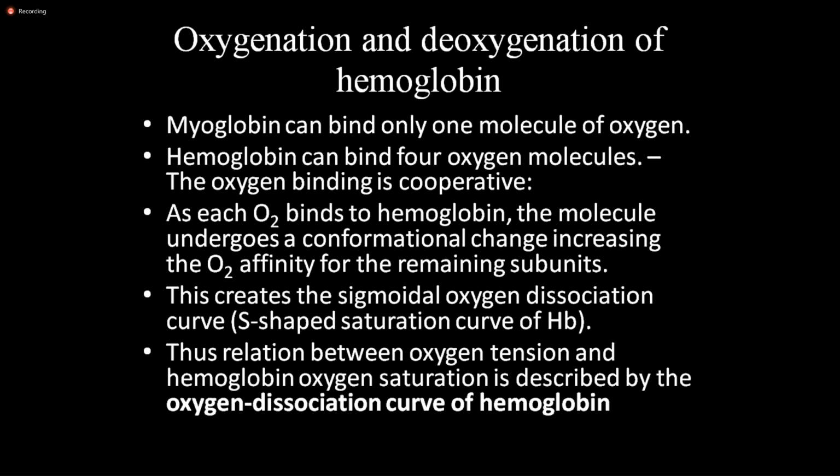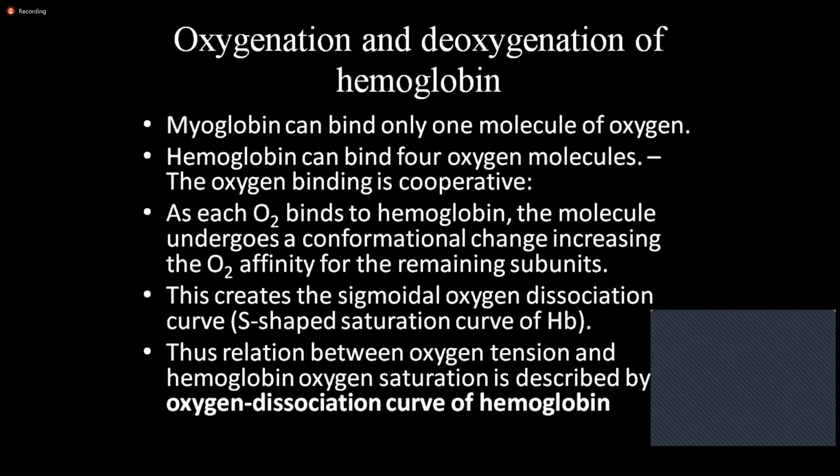Okay, so myoglobin can bind only one molecule of oxygen, although the structure of myoglobin is almost similar to hemoglobin. Myoglobin is a single monomeric unit, whereas hemoglobin is a quaternary structure. You all know that. Otherwise, myoglobin also contains the same heme molecule and a globin molecule.